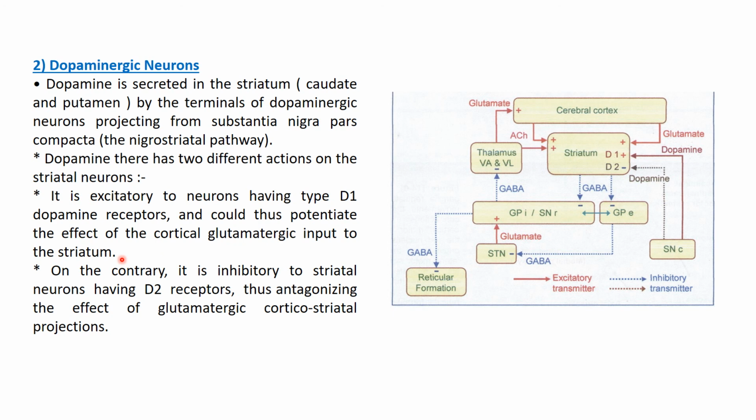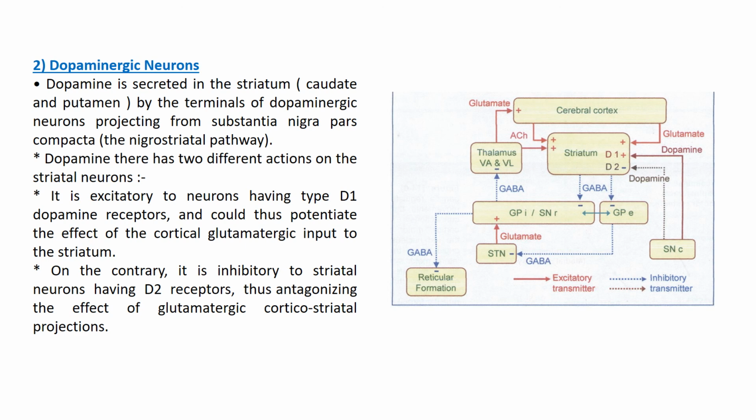It means that it facilitates the action of glutamate, while on the D2 receptor it antagonizes the action of glutamate. So the second neurotransmitter is dopamine, secreted by the nigrostriatal fiber, excitatory on D1, inhibitory on D2.